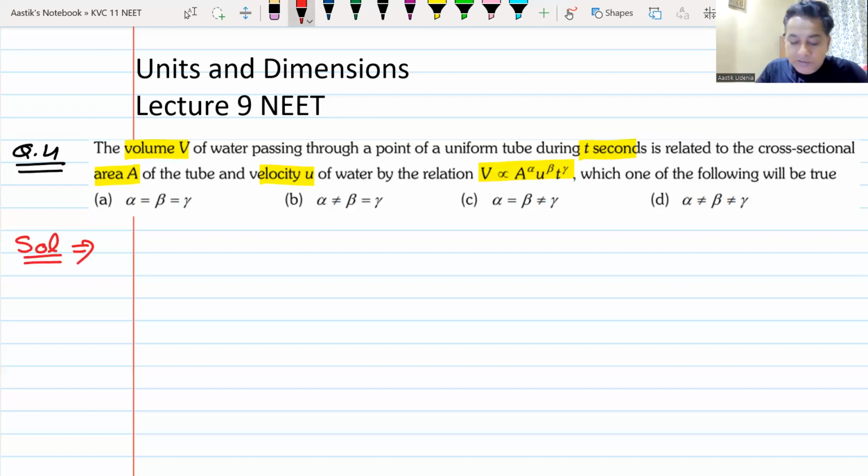Remember, sometimes when a question comes, you may not be able to find out the actual values, but actual values may not be asked in the question. So you look at the option, what is being asked in the question, and accordingly, you solve the given question. Am I clear, everyone? So I'll give you a minute to try this question, and I will be back after a minute. I hope everyone tries it.